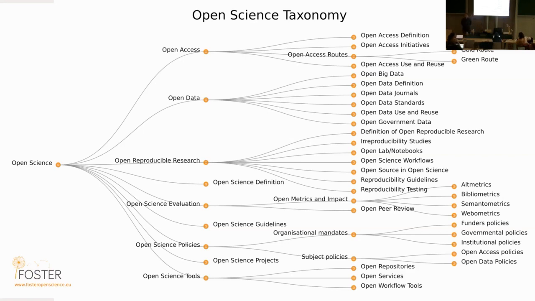Yes, you had a question. You mentioned ORCID as well. Can you sign into this site with your ORCID? The Foster Open Science site is open, so you can just read it without having to log in.